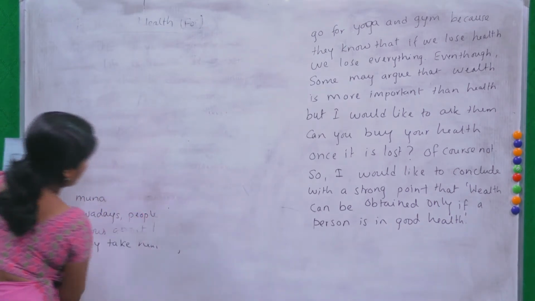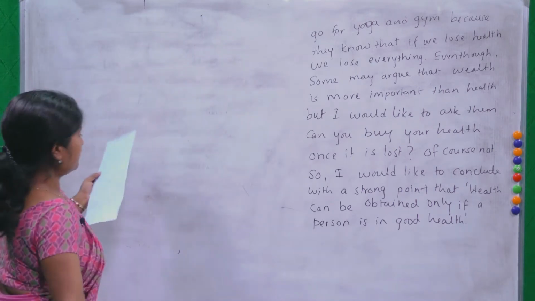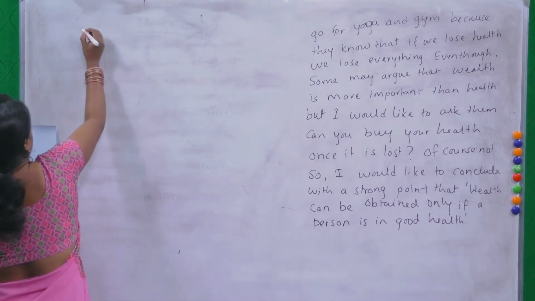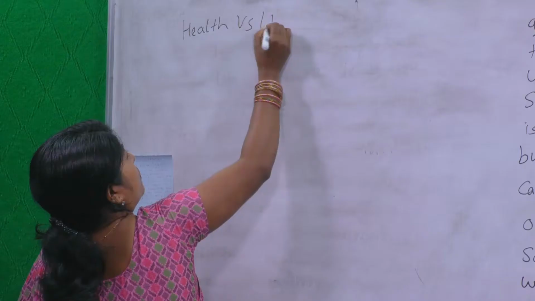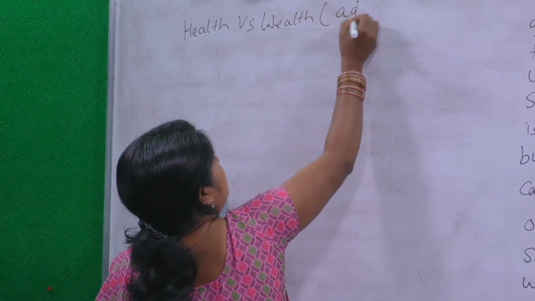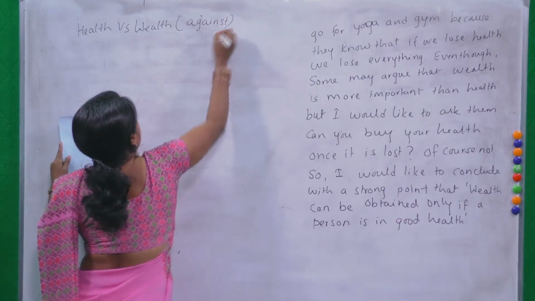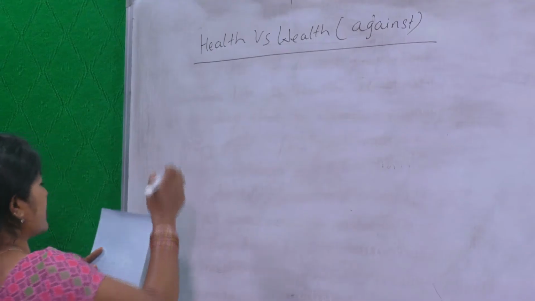Okay, let me write quickly, it doesn't take much time. The title is the same, health versus wealth, and this is against. Against means the speaker says wealth is more important.